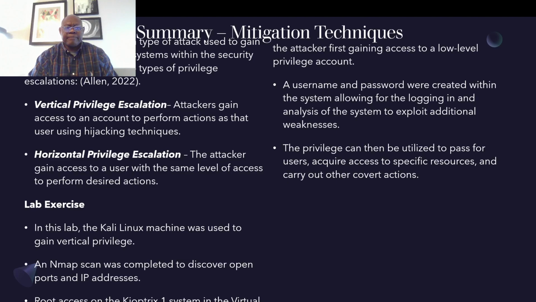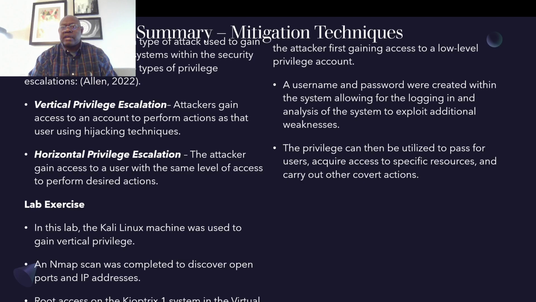In this lab, the Kali Linux machine was used to gain vertical privilege. An Nmap scan was completed to discover open ports and IP addresses. Root access on the Kioptrix 1 system in VirtualBox is generally how the exploit begins, with the attacker first gaining access to a low-level privilege account.